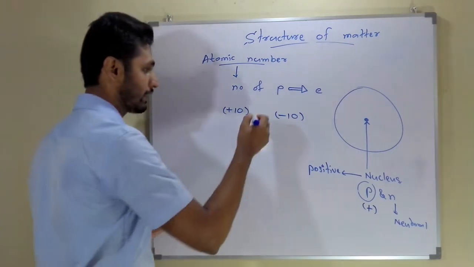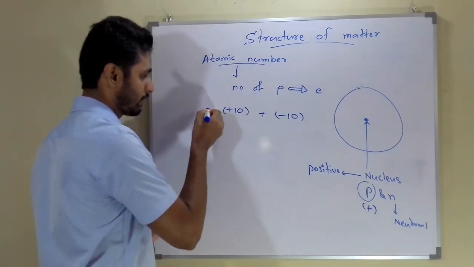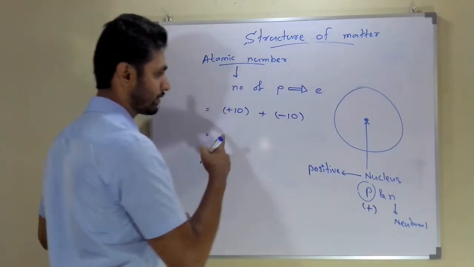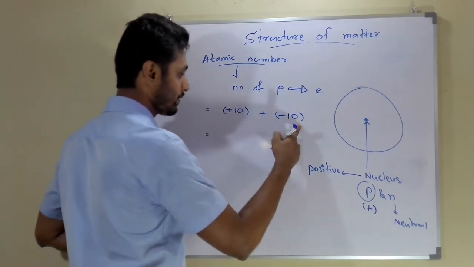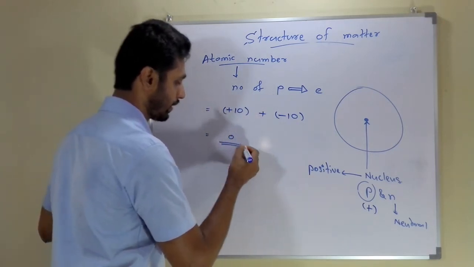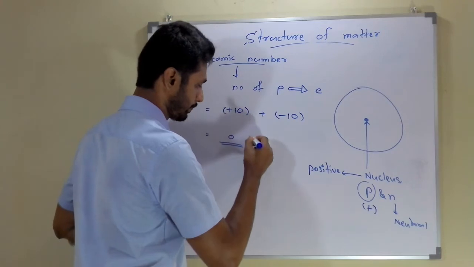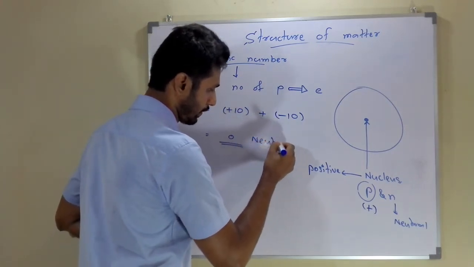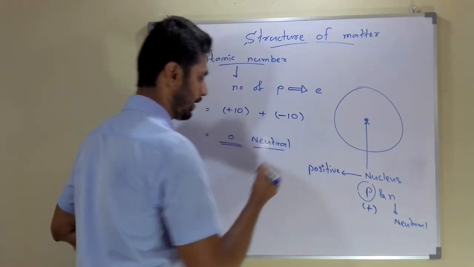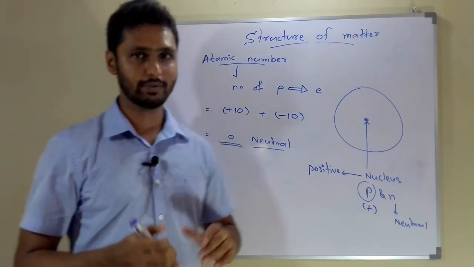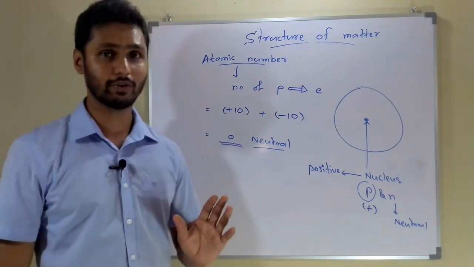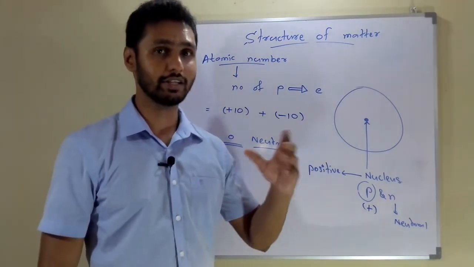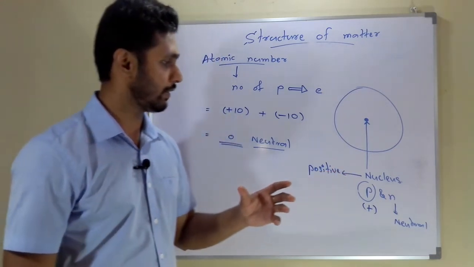Then if you take the addition of these two, you can see plus 10 plus minus 10 gives 0 charge. That means neutral. This is the reason for the electrically neutral charge of an atom.